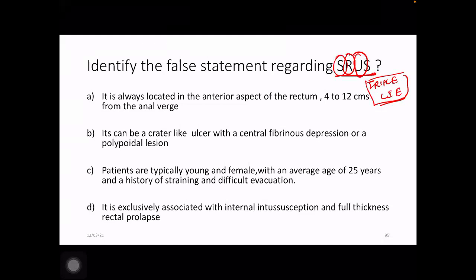False. Wonderful. So always remember, SRUS doesn't mean that patients who have intussusception or rectal prolapse will have SRUS. It has been postulated that rectal prolapse and intussusception are associated as one of the conditions, but not all patients with rectal prolapse will have SRUS. It is not exclusively associated. Fine. So remember this.